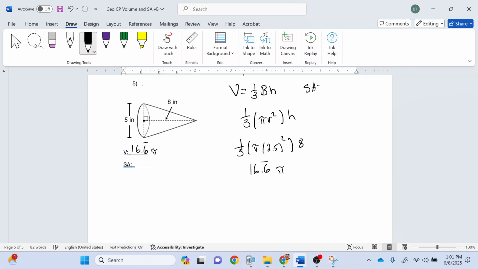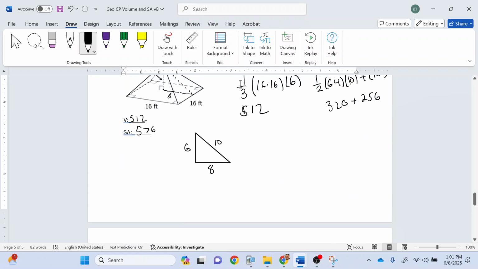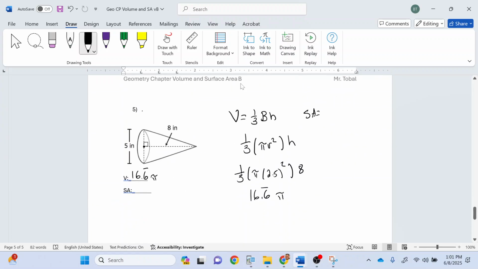The surface area is, again, I just want to make sure I don't mess it up, 1/2 PL plus B. So in this case, my 1/2 times my perimeter, which is 2 pi r, where 2.5 is r, times my slant length. I've got to figure out what my slant length is. If this is 2.5 and this is 8, I have a right triangle that kind of looks like this right now.